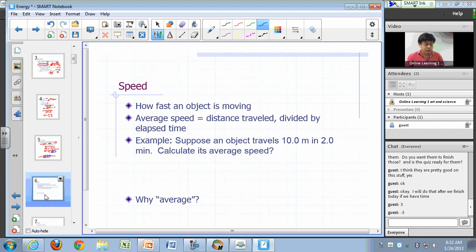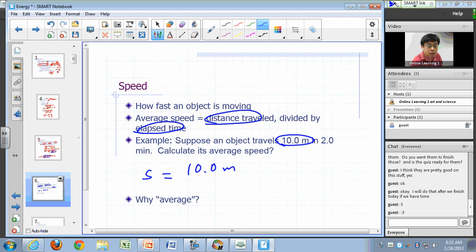All right. Now, speed is a description of how fast an object is moving, so the average speed is obtained by simply dividing the distance traveled by the amount of time that has elapsed. So suppose an object travels 10 meters in 2 minutes. Calculate the average speed. The average speed, S, is the distance traveled, 10.0 meters, divided by 2.0 minutes, elapsed time.